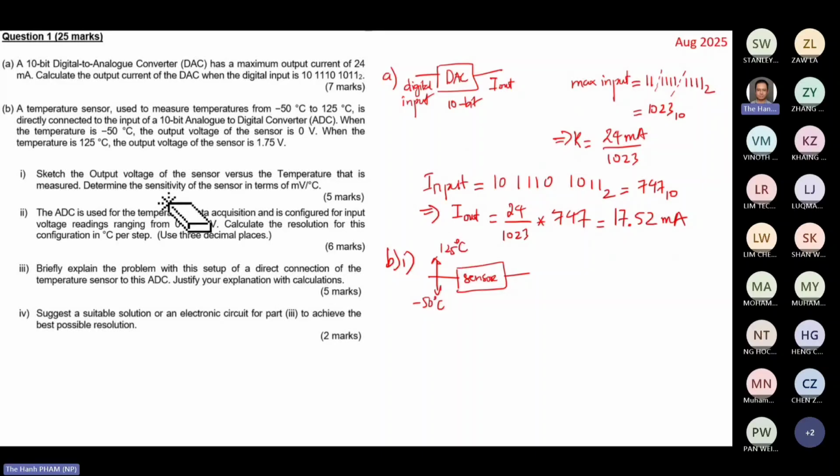And when your input is minus 50 degrees Celsius, output is 0 volt, right? And when you are at 125 degrees Celsius, output is 1.75 volt. So they ask you to sketch the output and they test you on the concept of sensitivity. Now, take note, sensitivity is nothing but just a slope, or the tangent, right?